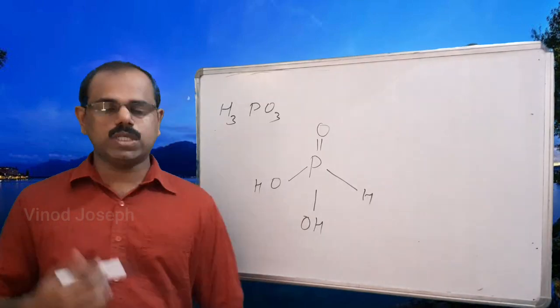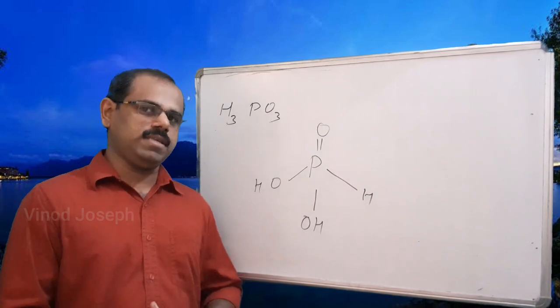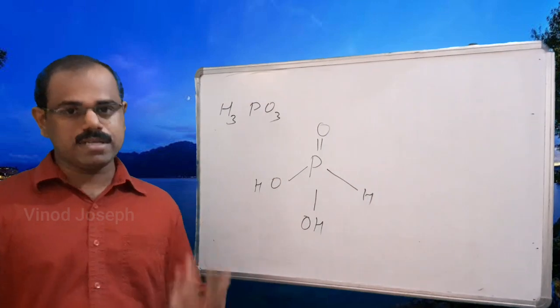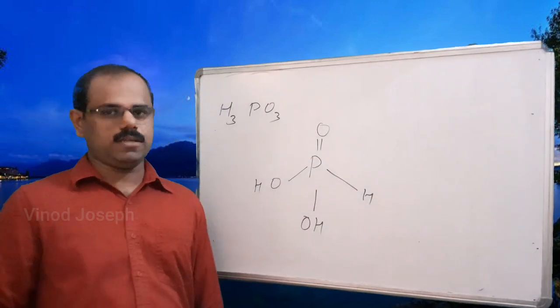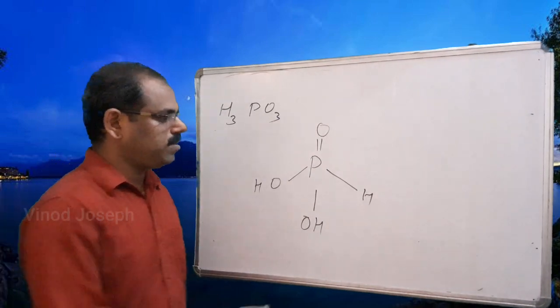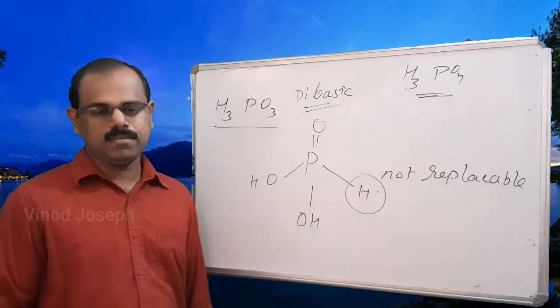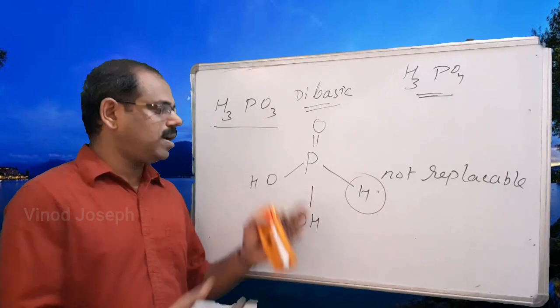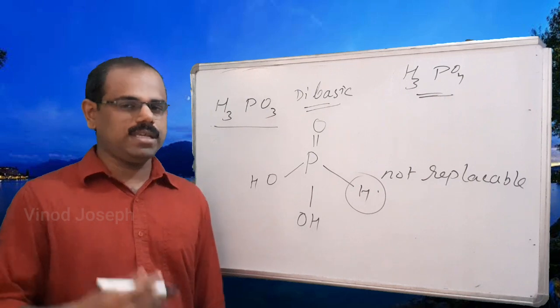So consider phosphorus acid. We have already studied that phosphoric acid is a tribasic acid, but this is phosphorus acid. Phosphorus acid has such a structure. But there is one problem. This hydrogen is not replaceable. It doesn't break from the compound. So how many hydrogens can be replaced?